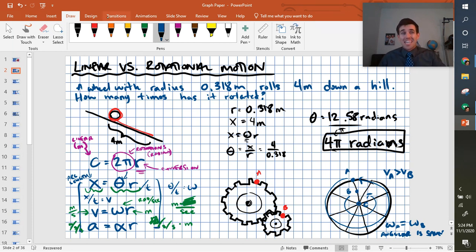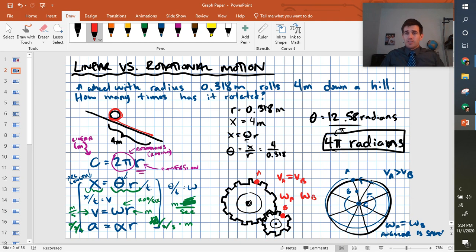Going over to the gears, though, if we try and do the same comparison with two gears that are in contact with each other, I have B on the outside of a gear and A on the outside of my gear. Omega A, omega B. A and B would have the same linear velocity.